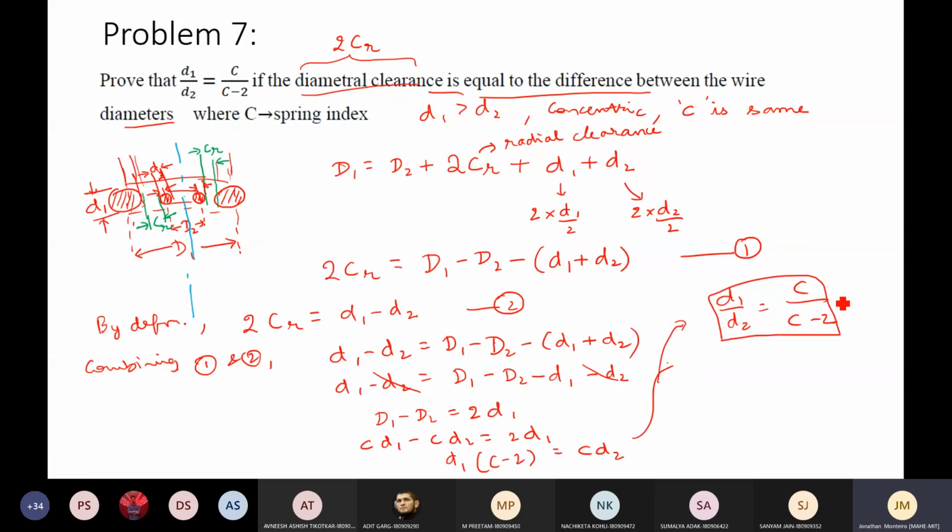Sometimes we can make use of this property in order to solve problems quickly, having the same spring index. It is not necessarily true every time, but if there is the same spring index and the diametrical clearance is equal to the difference between the wire diameters, then you can write D1 by D2 simply as C by C minus 2.